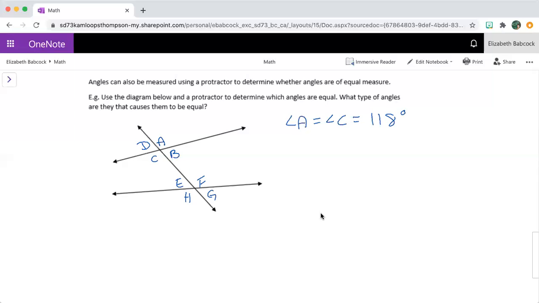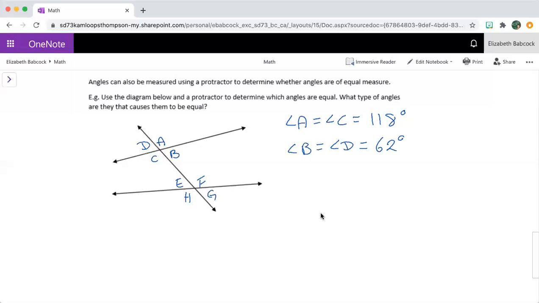The next pair that I'm going to notice are equal is angle B equals angle D, which is equal to 62 degrees. Your measurements might be a degree or two off, and that is okay. It does not have to be exact, as I know it can be tricky when the lines don't cross over the numbers on the outside quite so nicely.